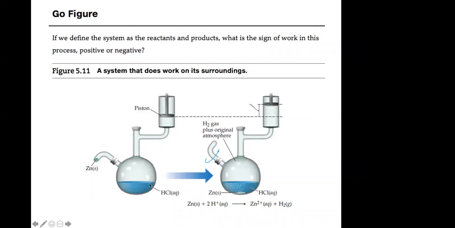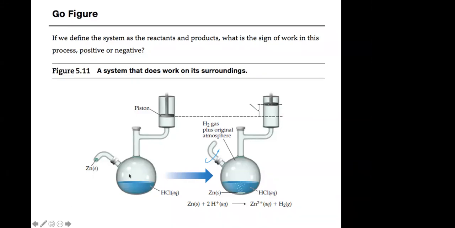They put some hydrochloric acid in the bottom, and they're putting in some zinc solid. I'm going to pause for a second and say, oh, you know what they're doing right there? They are showing a redox reaction. Zinc was present on the activity series, and it can react with H plus to form H2 gas. That was part of the activity series.